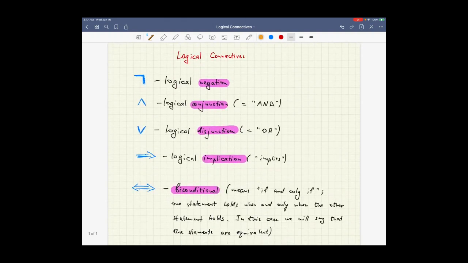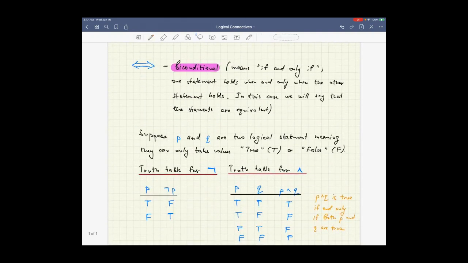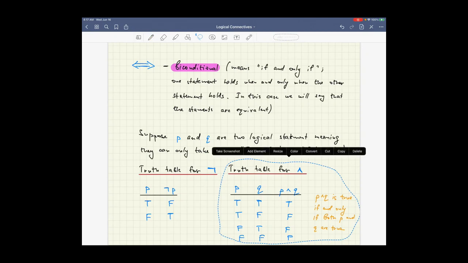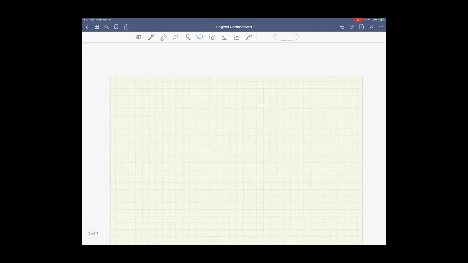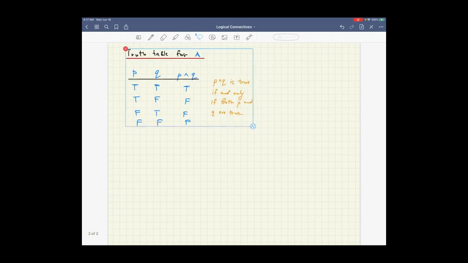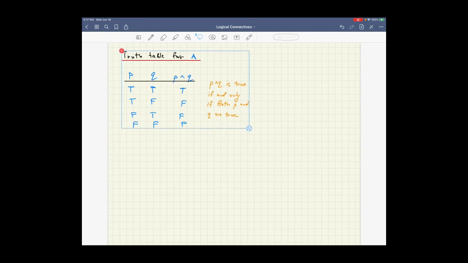Alright, now how about logical disjunction? Right, that's the OR statement. Let me copy this onto the next page. So the OR statement is kind of dual to the AND statement. The OR statement is false only when both arguments are false.